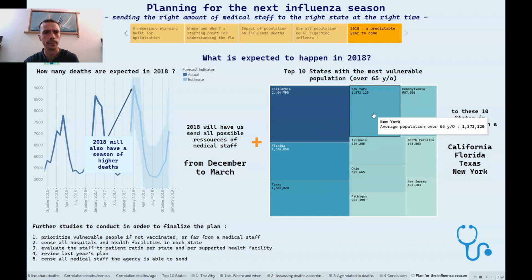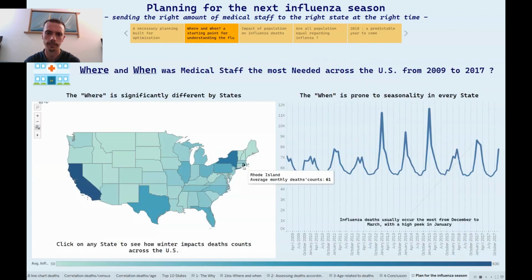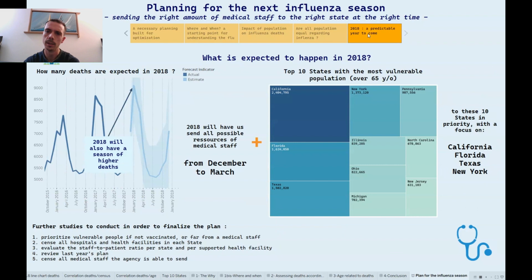If you recall from the where and when, New York was actually in the second position of higher mortality. But for this 2018, we see that New York is actually on the fourth position of the top list, since there are more older people in Florida.